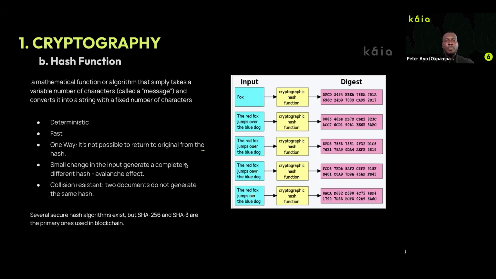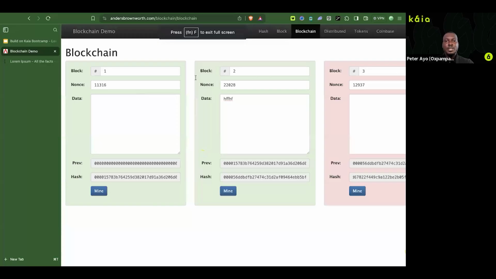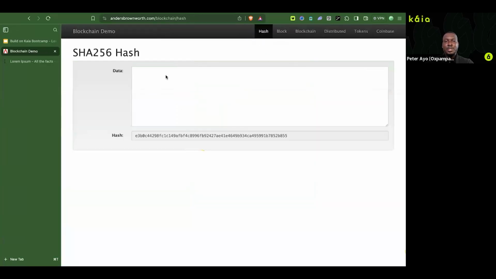As you can see from this demo, while we were trying to interact with it, if I write 0x pam pam here, it returns a fixed length output, right? If I change this to 0x pampa without the M, it returns a separate hash value. If I take it back to 0x pam pam, it returns the same value as before.